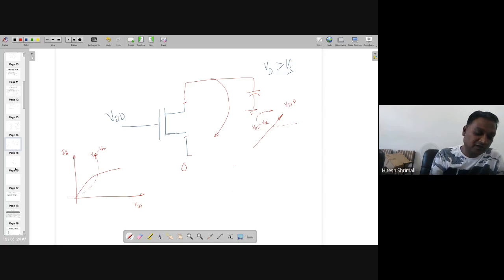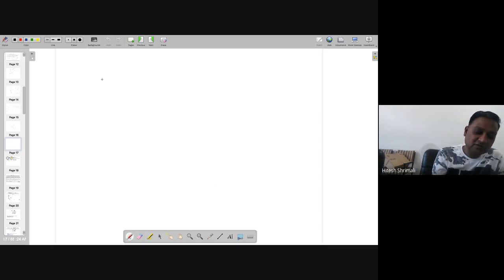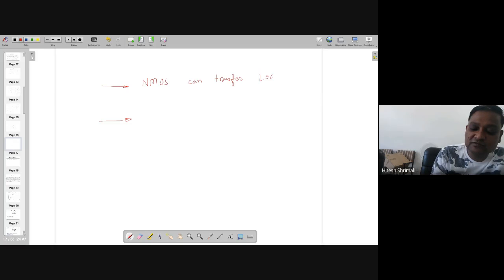So from here we can make two important conclusions. One says that NMOS can transfer logic 0 strongly, whereas transfer of logic 1 is not efficient, or there is some drop.